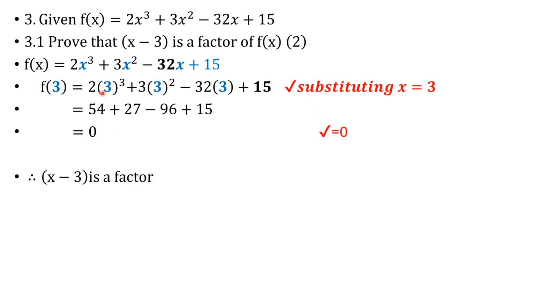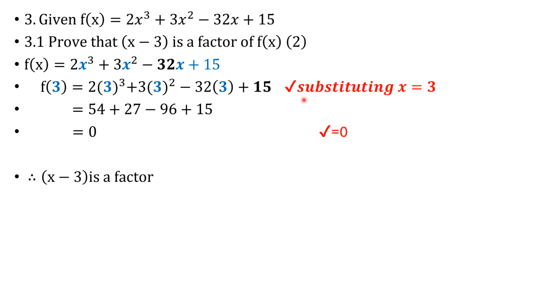So there becomes 3 cubed, 3 squared, 3 and 15. 3 cubed, 27 times 2 gives me 54. 3 squared, 9 times 3 gives me 27. 3 times negative 32 gives me negative 96, plus 15. 54 plus 27 gives me 81, plus 15 gives me 96. 96 minus 96 then gives me 0.